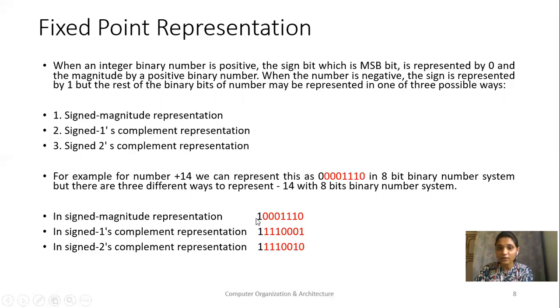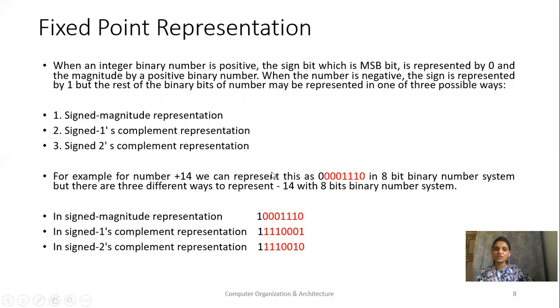For that, the first condition is that you have to put the MSB bit as a 1. That will show that this number is a negative number. And the rest of the 7 bits you have to represent with any of these 3 methods: sign magnitude representation, sign 1's complement representation or sign 2's complement representation.